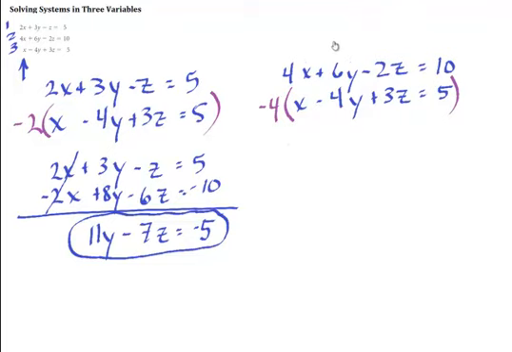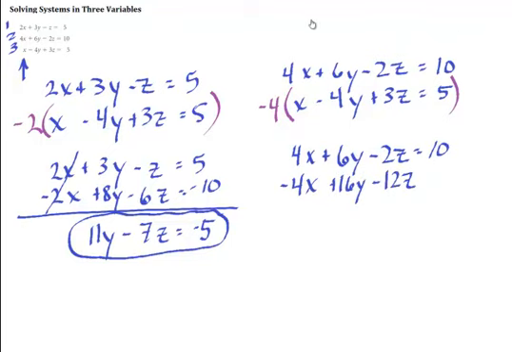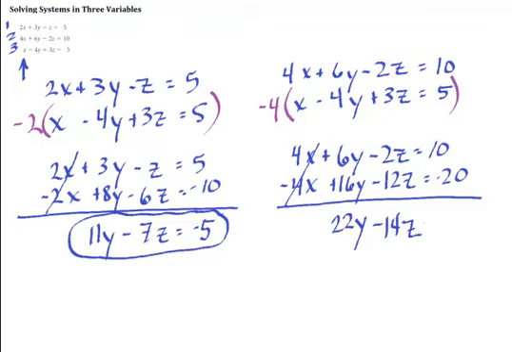I write down this top one again, minus 2z equals 10, and minus 4x plus 16y minus 12z equals negative 20. These problems are so long. Let's see, this is 17y. Nope, that's not 17y, that's 22y. Wonder what I was thinking. So 22y minus 14z equals negative 10.